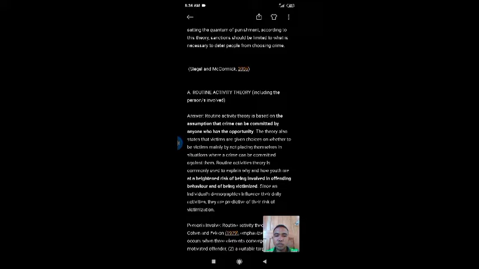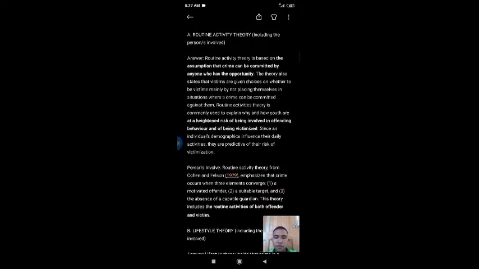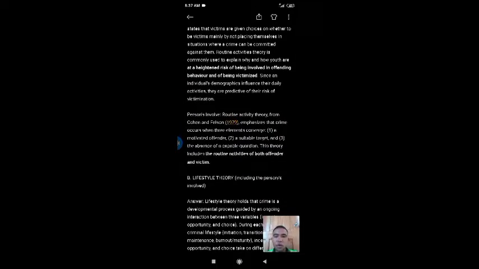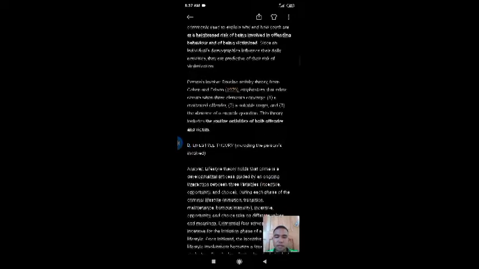In short, the theory also states that victims are given a choice on whether to be victims, mainly by not placing themselves in situations where a crime can be committed against them. Routine activity theory is commonly used to explain why and how youth are at heightened risk of being involved in offending behavior or of being victimized. So the persons involved in this routine activity theory are Cohen and Felson in 1979.